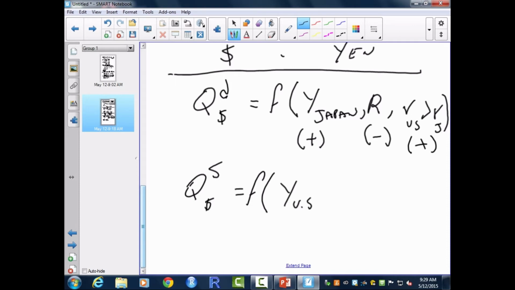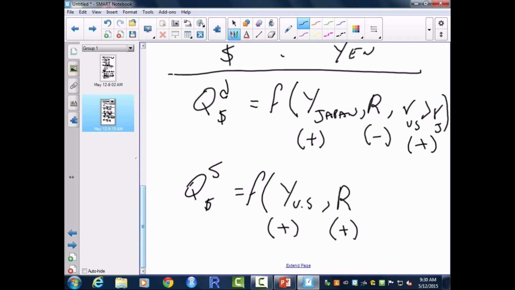So the relationship between US income and quantity supplied of dollar would be positive. Another variable is the exchange rate, such as we had for quantity demanded for dollar. Here the relationship between exchange rate and quantity supplied of dollar would be positive.